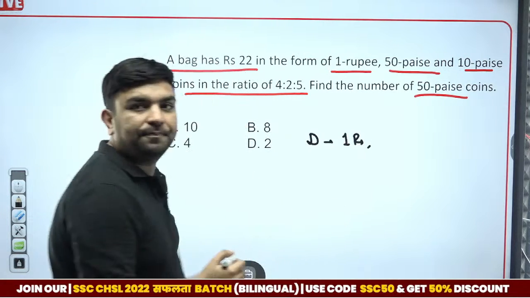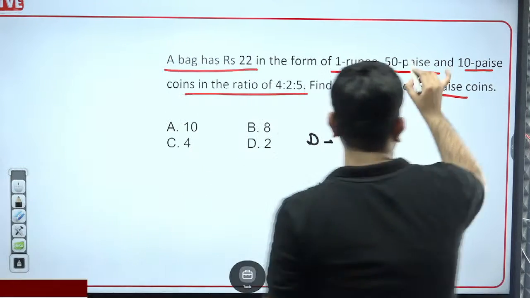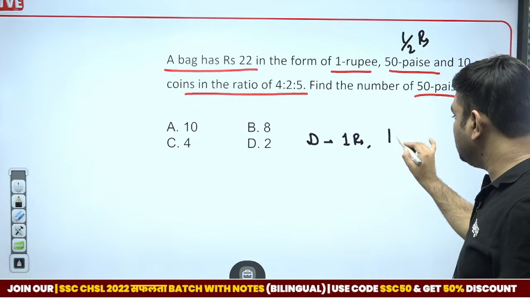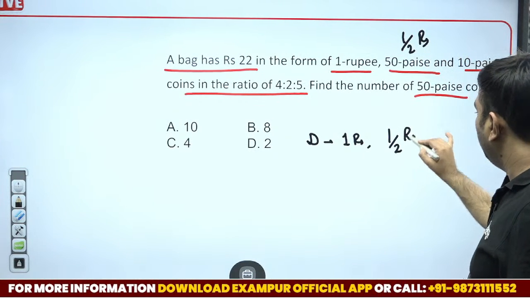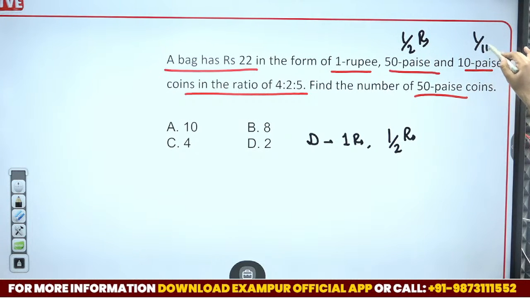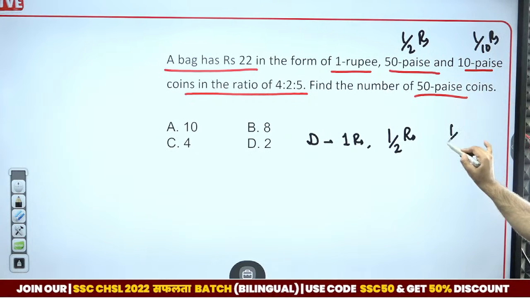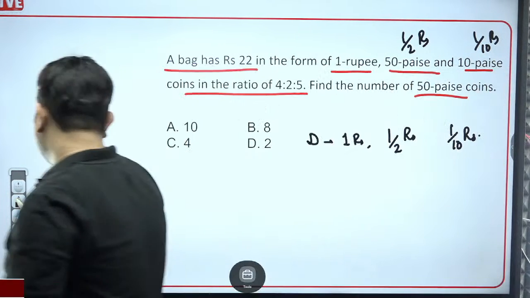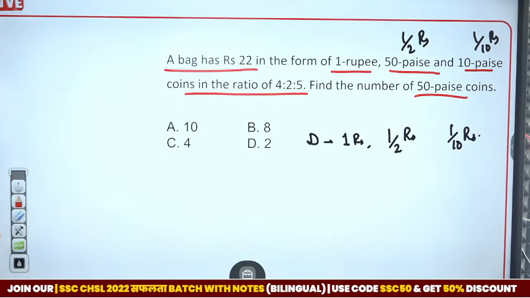Make their units the same. 50 paise is 1 by 2 rupee, and 10 paise is 1 by 10 rupee.